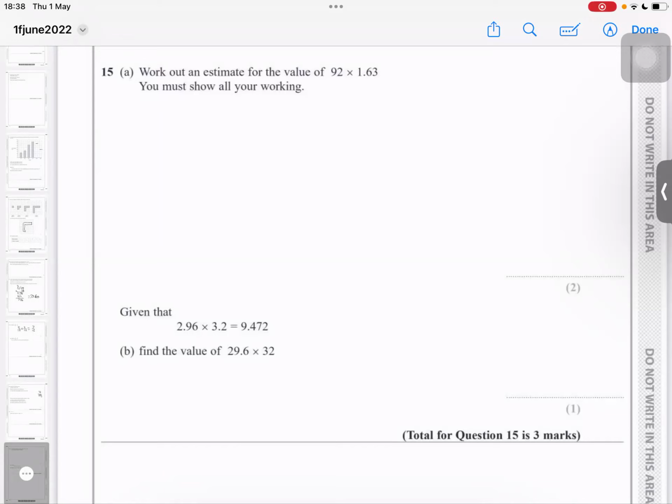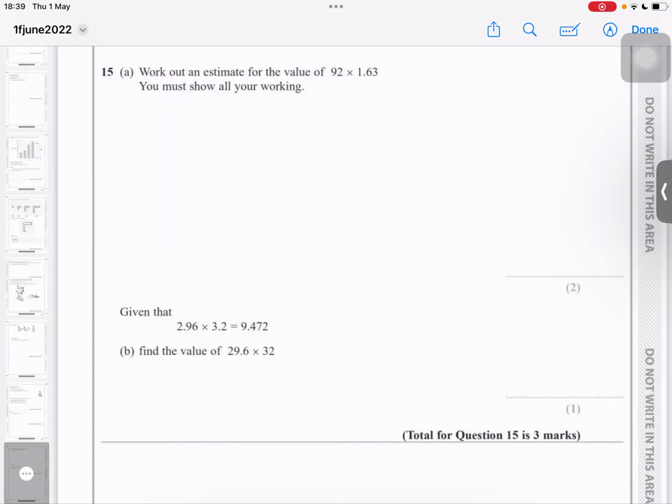So take note of that. And remember, the decimal point moving to the right is like multiplying by 10 or multiples of 10. So you're multiplying by 10. Now, look at 3.2. What would make 3.2 become 32? Times by 10. Yes, exactly. So both of them were multiplied by 10. In other words, the whole thing was multiplied by 100, isn't it?